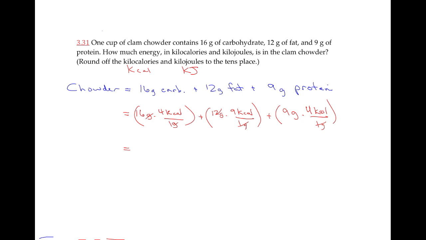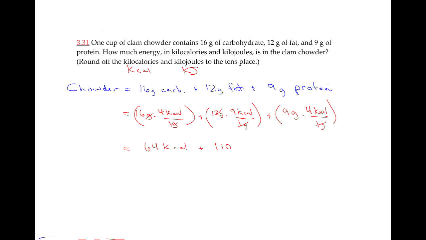When we multiply all of those, and we assume those conversion factors all have an infinite number of sig figs, we get 64 kilocalories for our carbohydrates, plus 110 for the fat. It's actually only 2 sig figs: 12 times 9 is 108, but we round it to 110.